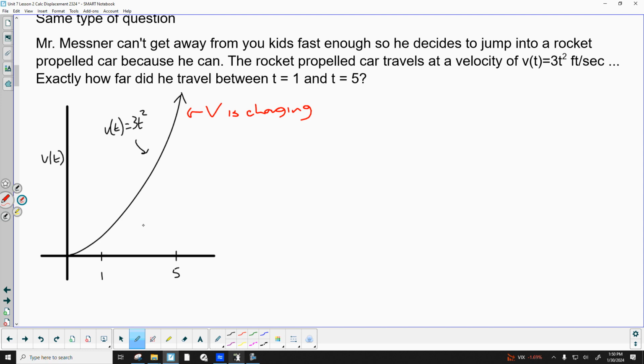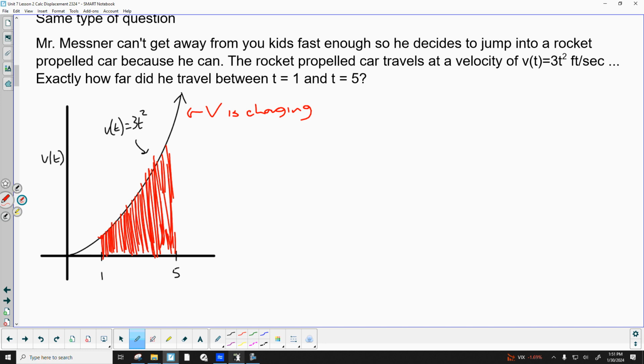Now, it would be nice if I could take my velocity at a split second, multiply it by that small time in which I'm at that velocity, and just start adding up, or really accumulating, all of my velocities at those very, very small split seconds to find this area. It'd be nice.